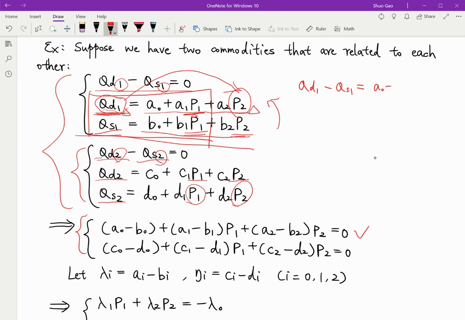That is A0 minus B0 as the first term, plus the second term A1 P1 minus B1 P1, and the third term A2 P2 minus B2 P2, right? And then we get the first equation here. Because QD1 and QS1 are equal to each other, this is 0, right? And also by subtracting QS2 from QD2 and using the equilibrium equation, we can get the second equation here.